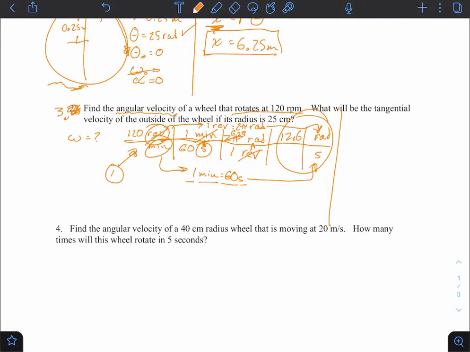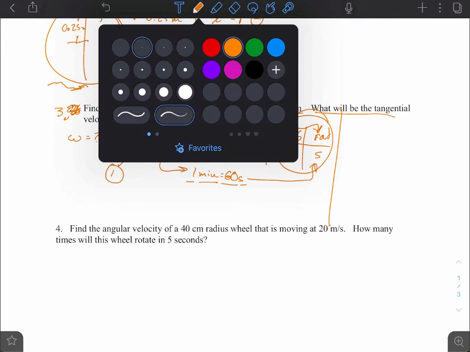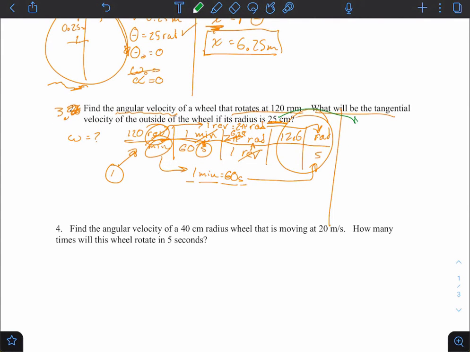And what's the tangential velocity if the radius is 0.25 meters? Radius equals 0.25 meters. And we've already hopefully memorized the omega equation. We know the radius is 0.25 times the omega, which is 12.6.